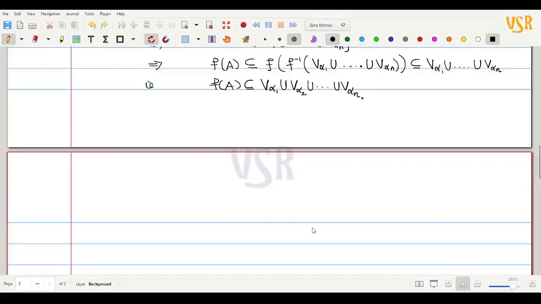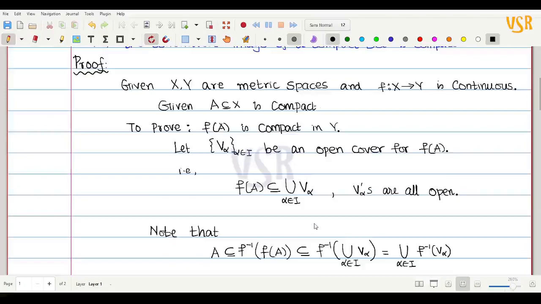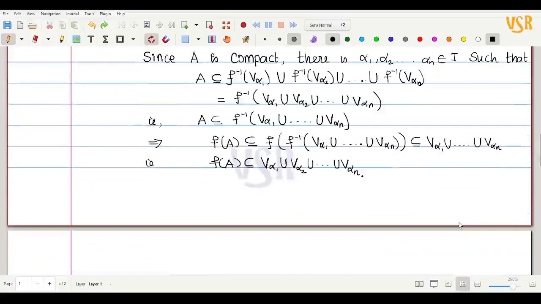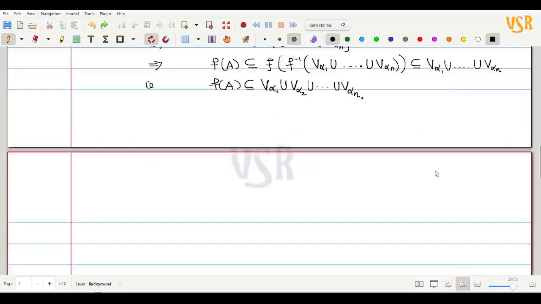Okay, how did we start? Let v alpha be an open cover for f of A. Then there exist alpha 1, alpha 2, ..., alpha n belonging to capital I such that f of A is covered. Let me write this separately.